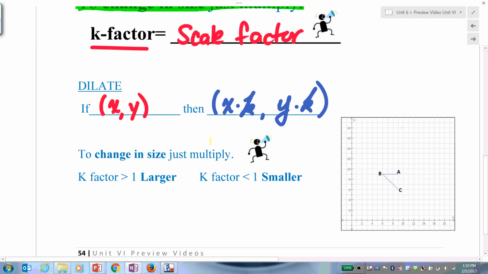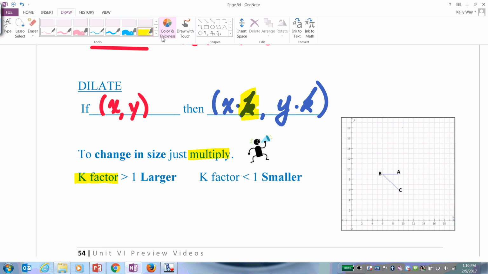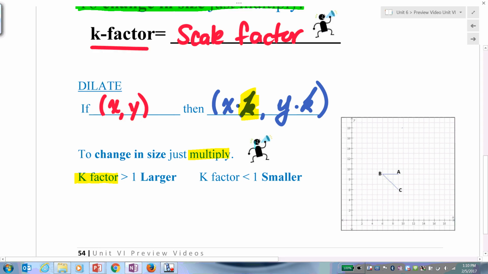To change in size, just multiply. If that K factor is bigger than 1, we're going to make the shape larger. If that K factor is smaller than 1, we're going to be shrinking. This will make sense as we do a couple of these together.